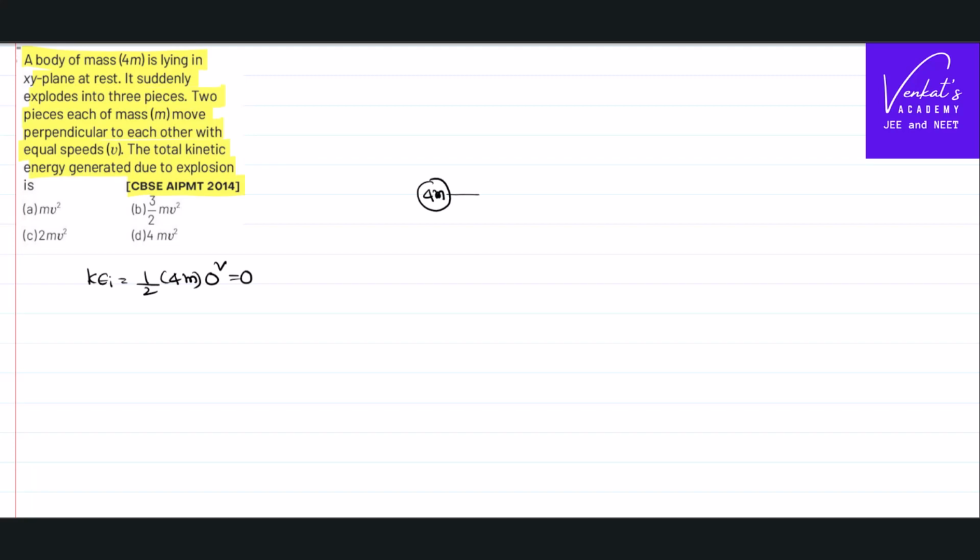But it is said that this 4m is divided into three pieces. One m with a speed v moves along the x direction. Another m moves perpendicular with the same speed. Out of the three pieces, two move perpendicular to each other. How does the third piece move? That we have to find out.